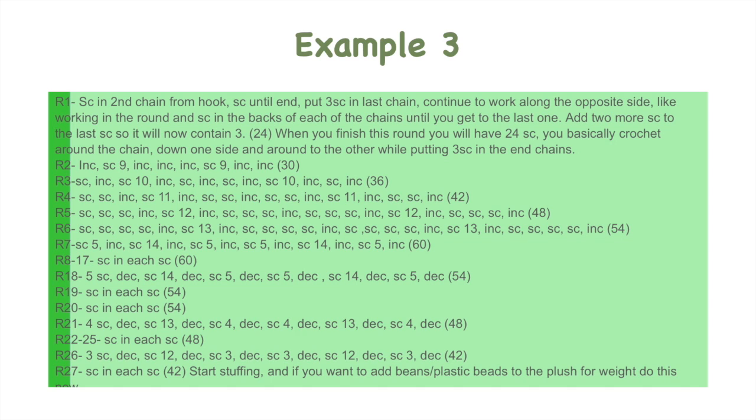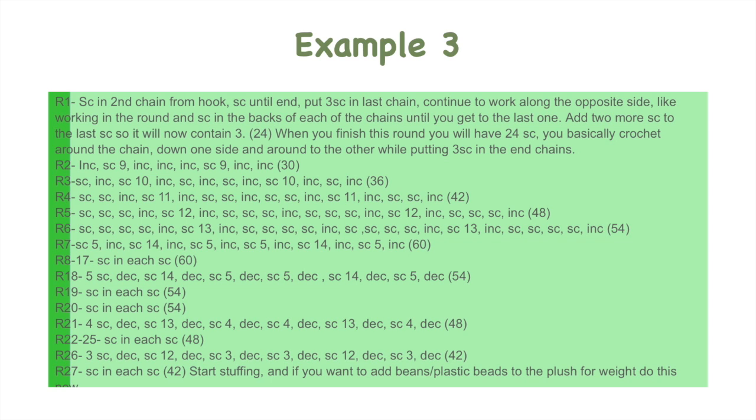There's nothing wrong with writing a pattern this way, it's just, in my experience, a little bit more difficult for beginners to understand, and this is just another example of how patterns might vary and why it's important to read a pattern before you start crocheting it.